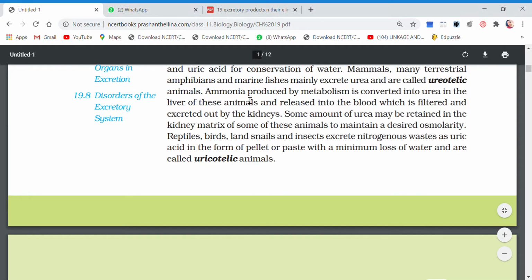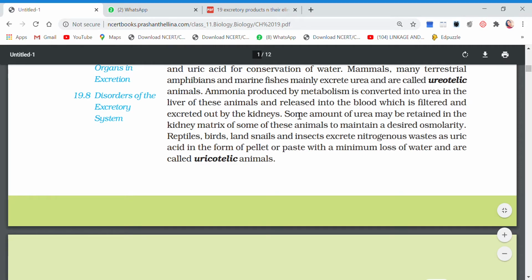Even our body, children, please pay attention, also produces ammonia due to metabolism, but we do not release ammonia directly. We convert this ammonia into urea. Where is this conversion taking place? In the liver. Then that converted urea is released into blood, and this blood is sent to the kidneys for filtration, where the waste is excreted out.